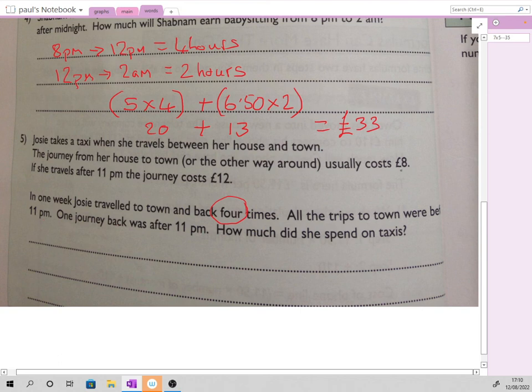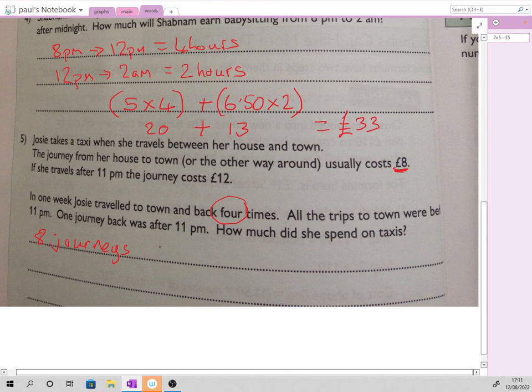Right, so one way costs £8. So she's gone 4 times, so altogether that's 8 journeys. Yeah, 8 journeys altogether. Now, all the trips to town were before 11, so that's 4, and one journey back was after 11.